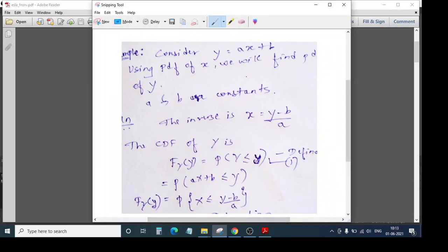We know that y is equal to ax plus b, which has been given here. Now what we'll do? Instead of this capital Y, we just convert this small y into capital Y, and we'll be using this y is equal to ax plus b in this equation. Okay, next, after doing this, what is the next step now? We need to rearrange the terms.